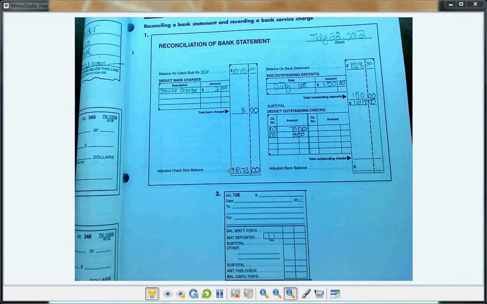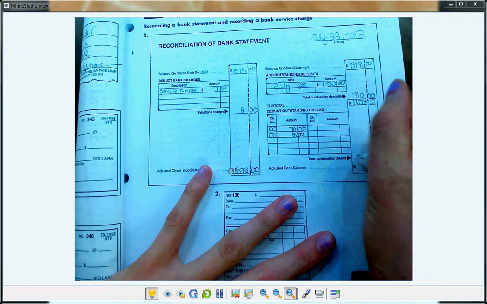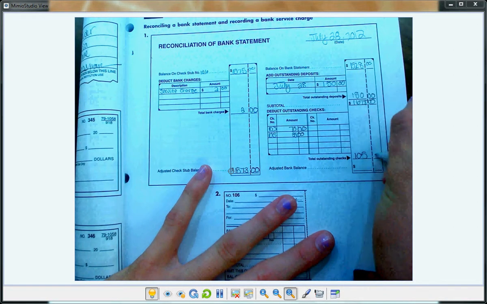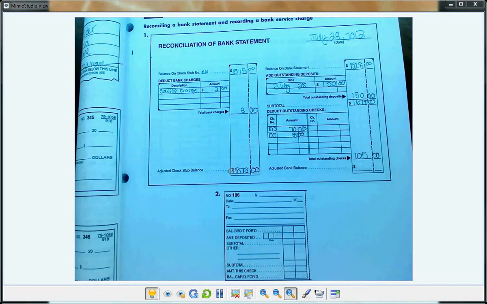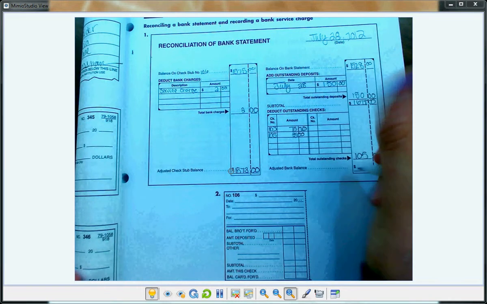So we'll add those together. That would be how much? 105. Okay, 105 goes on our total outstanding checks. So for our adjusted bank balance, are we going to add or subtract that from our subtotal? Subtract. 1,573.